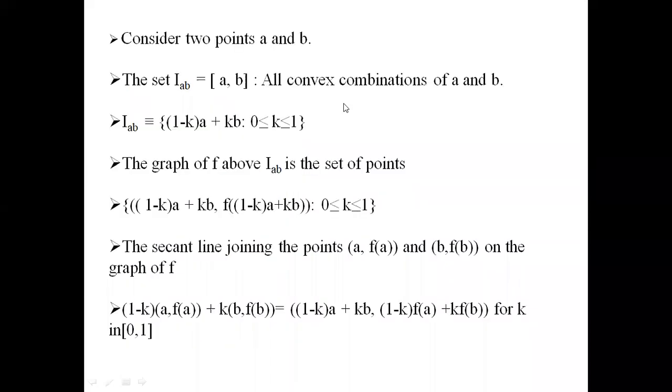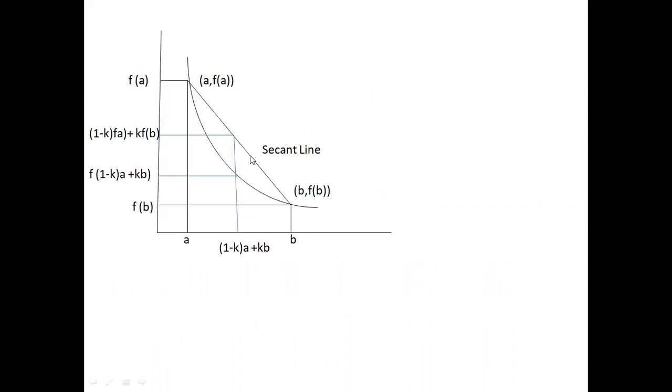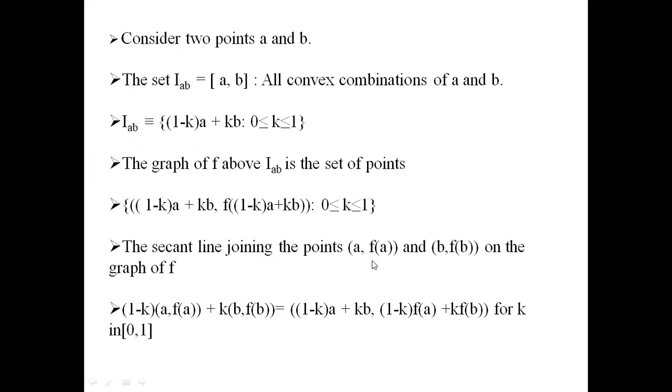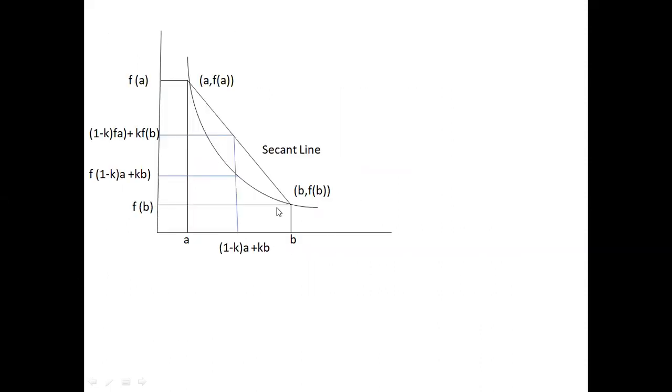On the other hand, this connecting line is called the secant line. The secant line joining the points (A, f(A)) and (B, f(B)), two points on the graph of f, is given by an equation which we can write in this way: (1 minus k) f(A) plus k f(B), for k between 0 and 1.